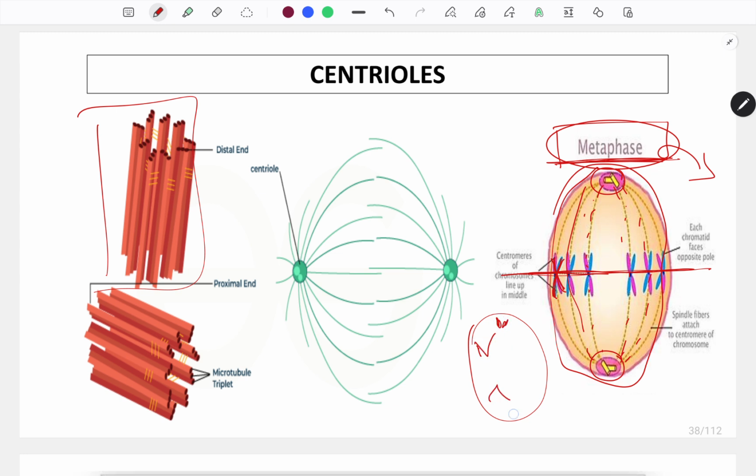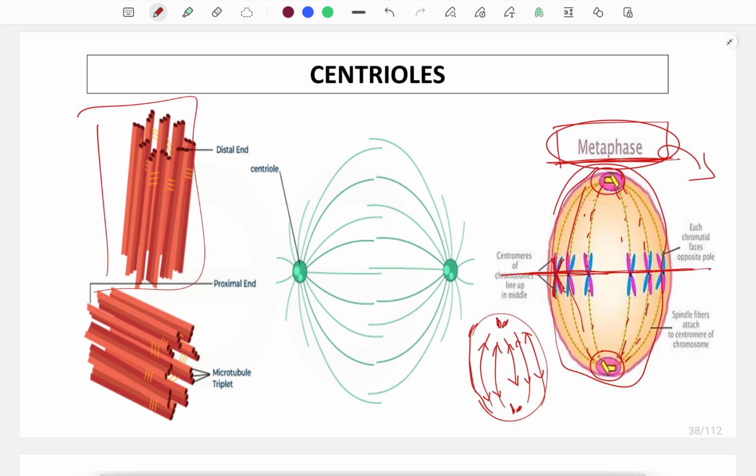So this is our centriole, and these are the spindle fibers, and this is how genetic material or a chromosome will get separated in the next step. This is how it is involved in mitosis, the type of cell division in eukaryotes.